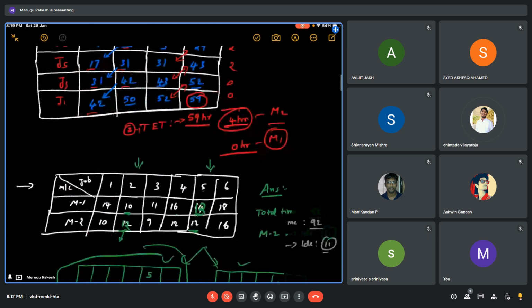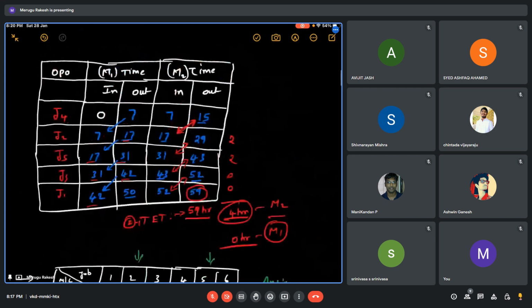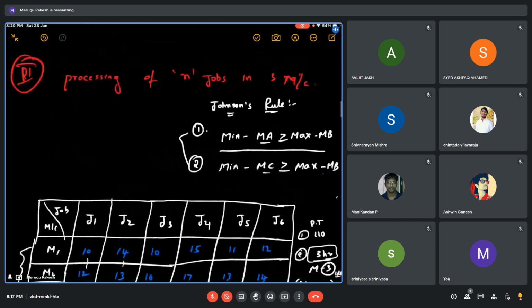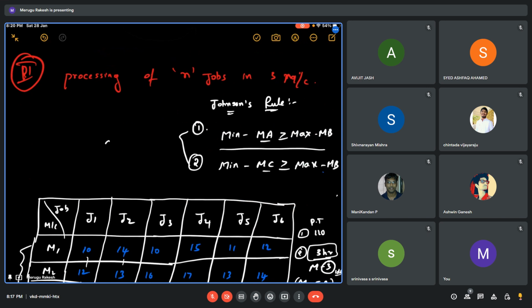So when we are dealing with three machines, generally this rule is followed for a simple solution. If even one of the conditions is satisfied, you will get a simple solution.